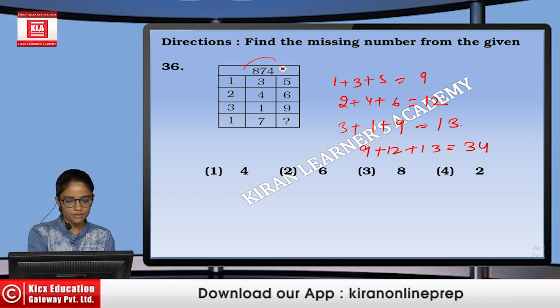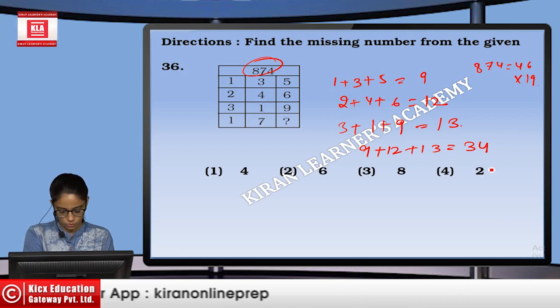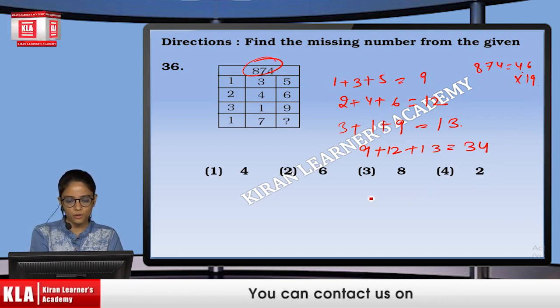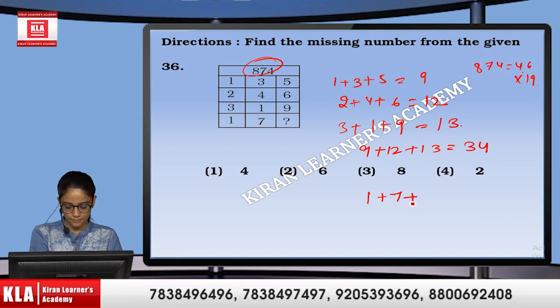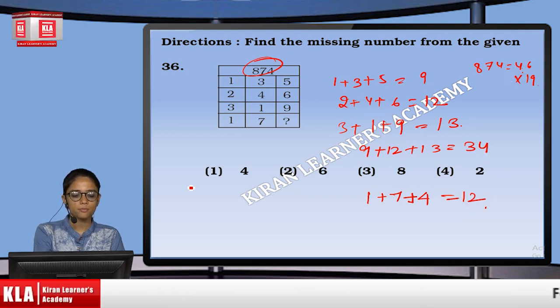And if I break this, 874 will be 46 into 19. So what we have to do is make it 46, that means I have to make it 12, that means 1 plus 7 plus 4 will give me 12, and that will give us 46, that means option number 1.